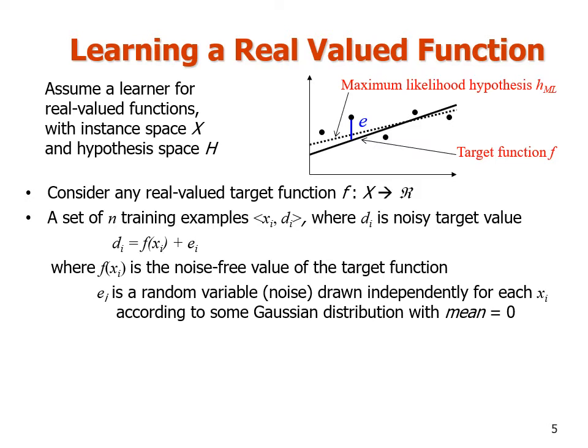Here we can observe that the maximum likelihood hypothesis is not identical to the correct hypothesis f. Why is this so? Because the maximum likelihood hypothesis is inferred from only a limited sample set of noisy training data.